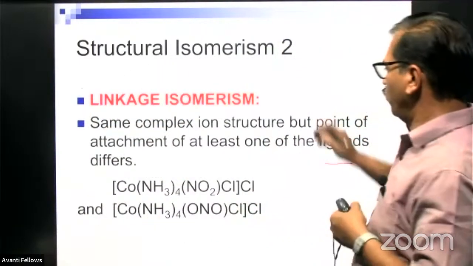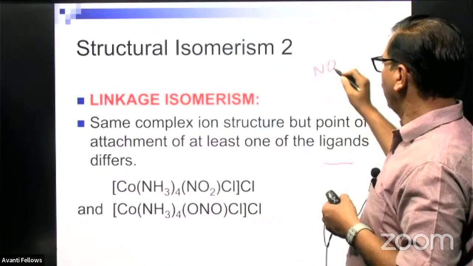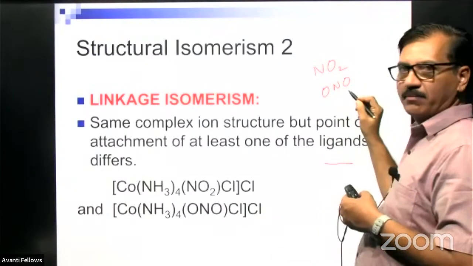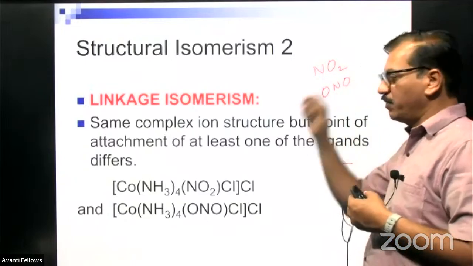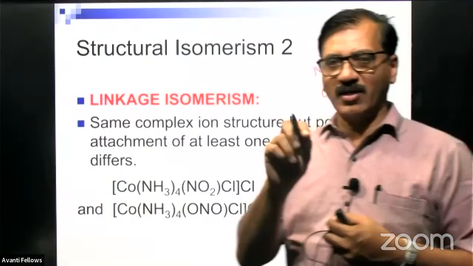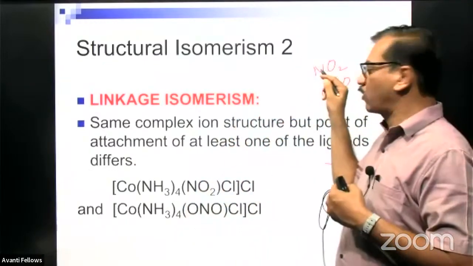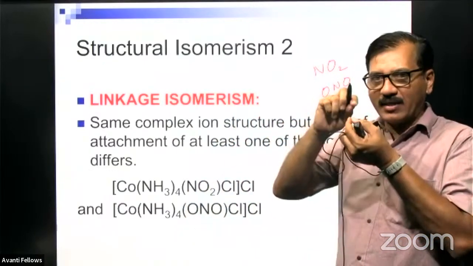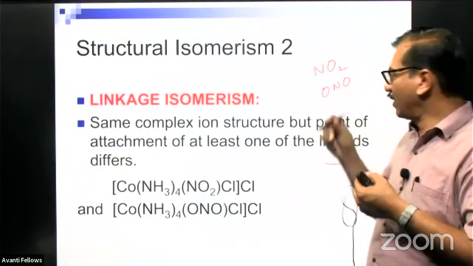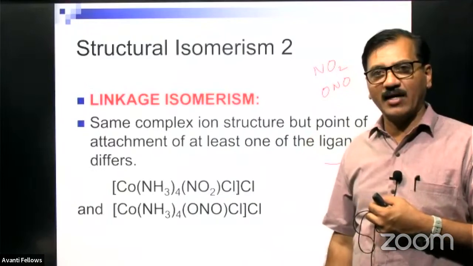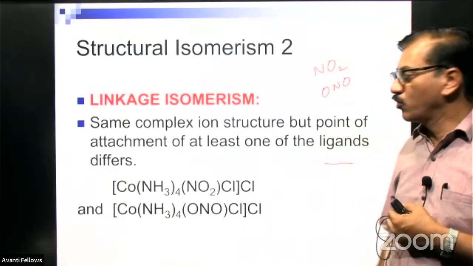What I wanted to tell you is, if it is NO2 and ONO, the composition is same, but the ligating atom is different. That's why it is a structural isomer, because the central atom binds with nitrogen here. The bond is metal atom and nitrogen, but in this case metal atom and oxygen, so the bonds are different. Therefore, it is a structural isomer.